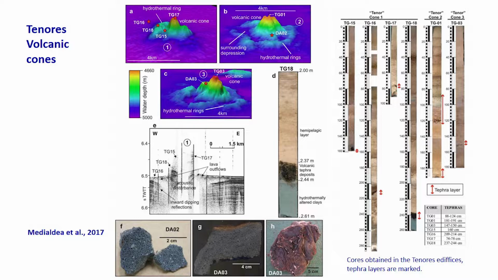Well, these are mounds constituted by an accumulation of hemipelagic sedimentary units, the brown material, and layers of volcanic tephra, as this one, and also this, and here are marked with the double red arrow.